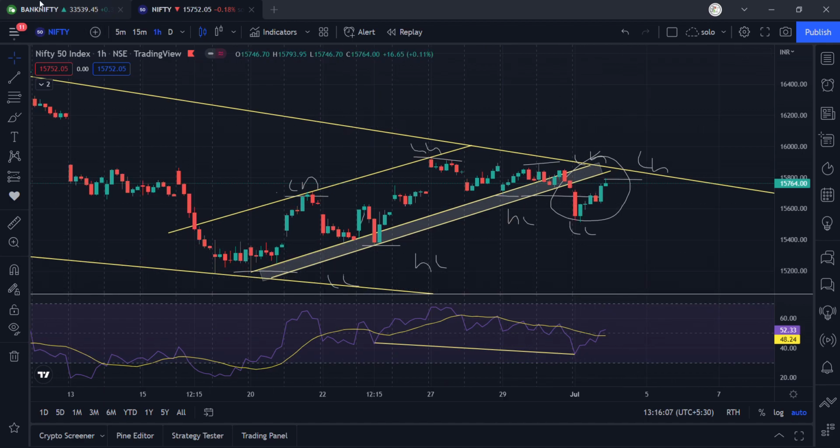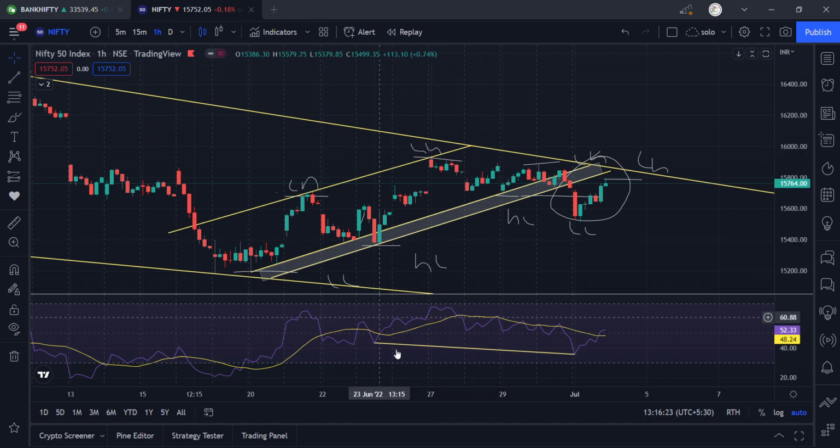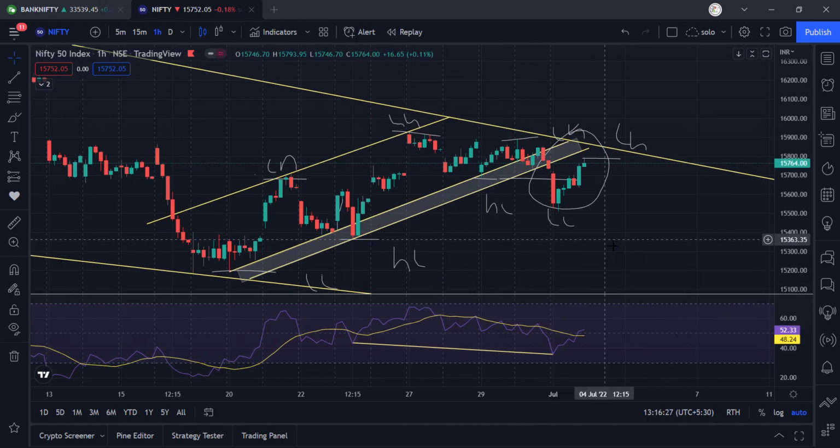So by this we can say Bank Nifty will also face a bearish market. We'll have a break from this side below 33,577, or might have a gap down below this 33,577. After seeing all these confirmations, I think there is a maximum chance of a bearish market, right? Yeah, so this is what is happening in the market.